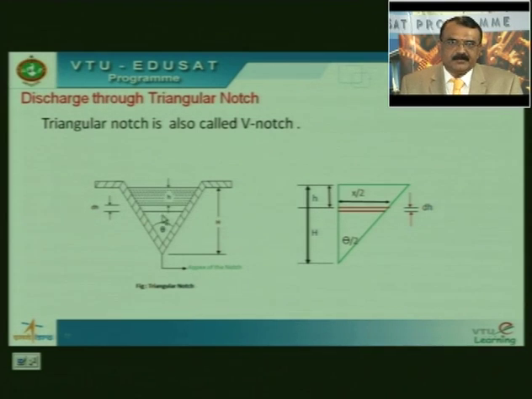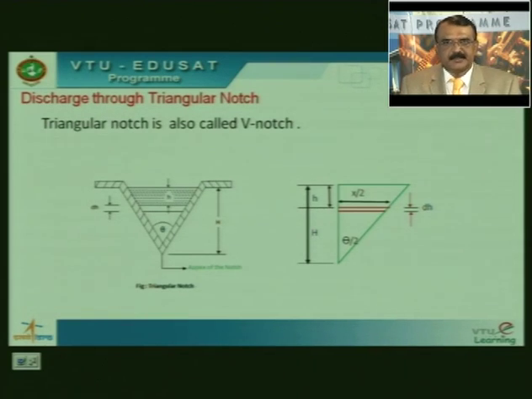In other words, the length of the strip varies from depth to depth. So the first step in this case is to find the value of x. How to find the value of x?